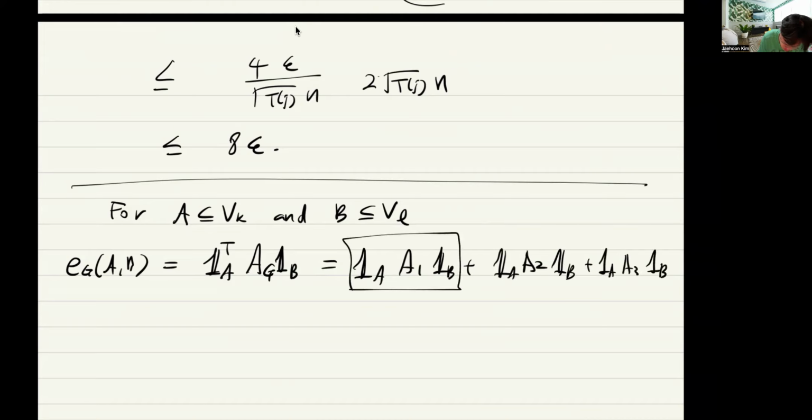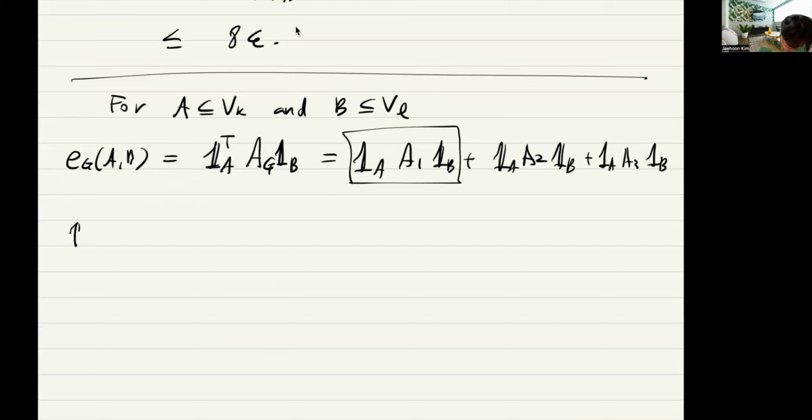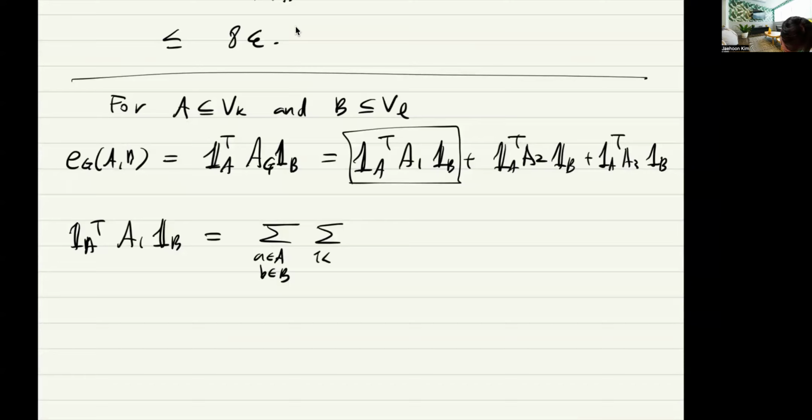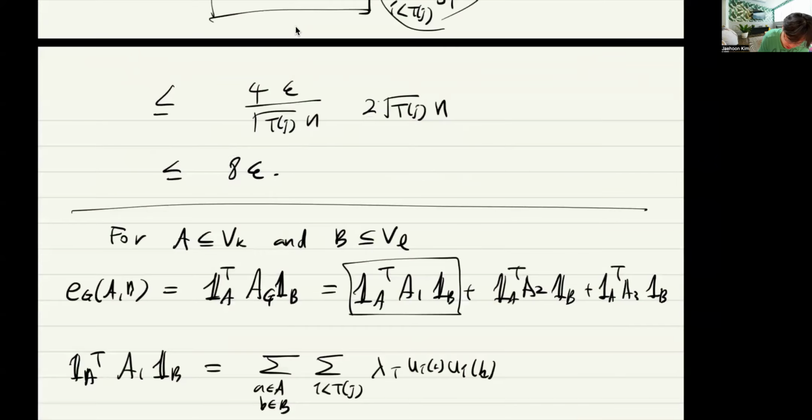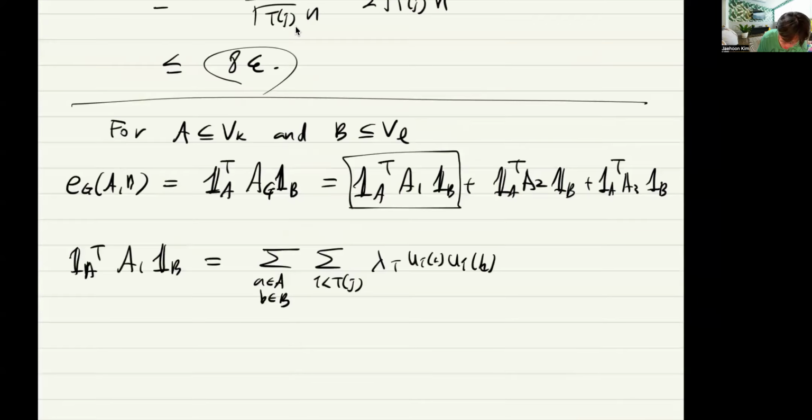And we can consider the first term. So characteristic vector of A transpose times A_1 times the characteristic vector of B. You write this. But because of that, everything is off by 8 epsilon.